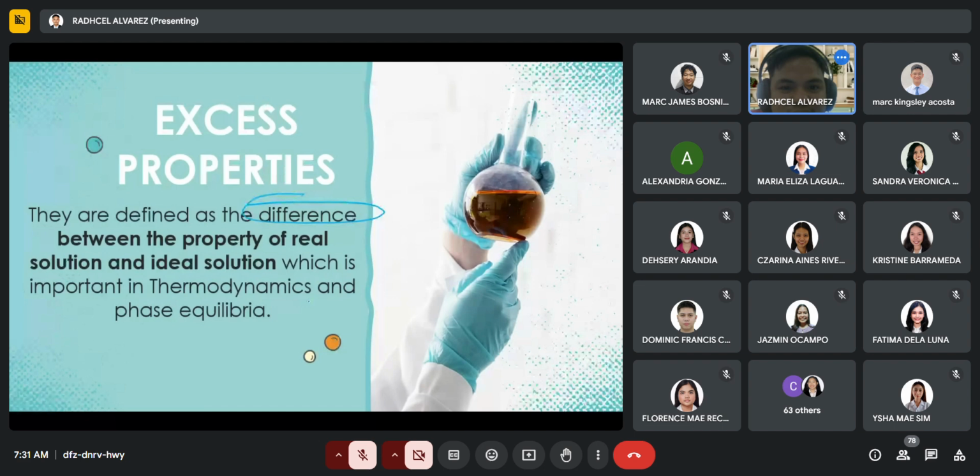So this excess property is called the residual property. So para lang din siyang ang ating tinatawag na residual property. But the difference here kapag residual property, this is the difference between your real gas and your ideal gas. Okay?